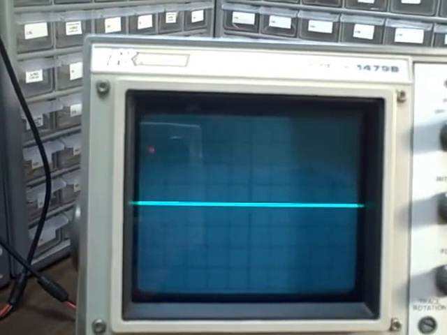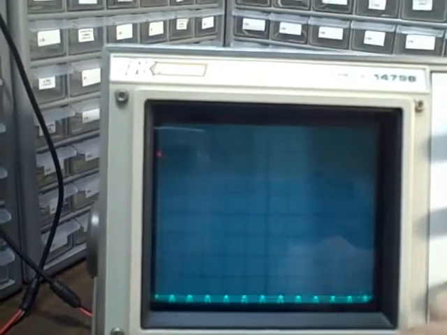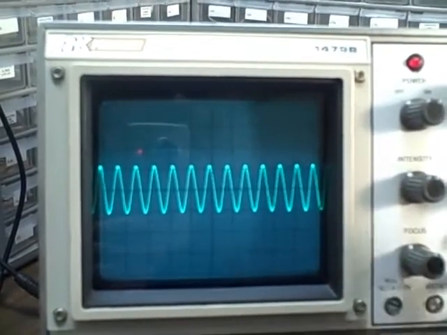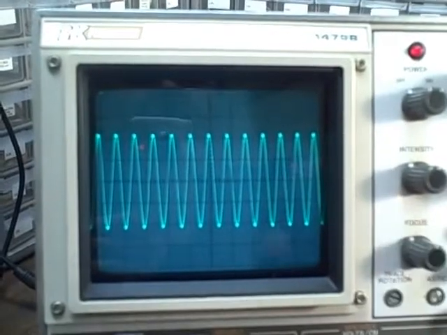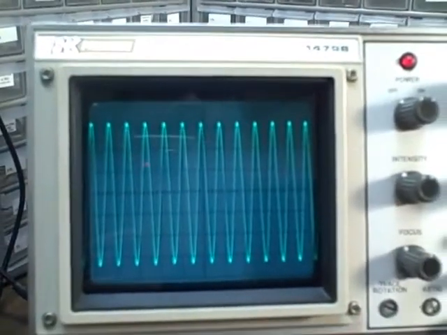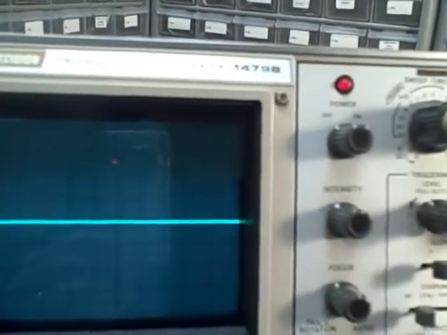We'll do that. Let's adjust the position of B. Got it zeroed out, and we need to be on 10 millivolts per division. Okay. Once again, zeroed.